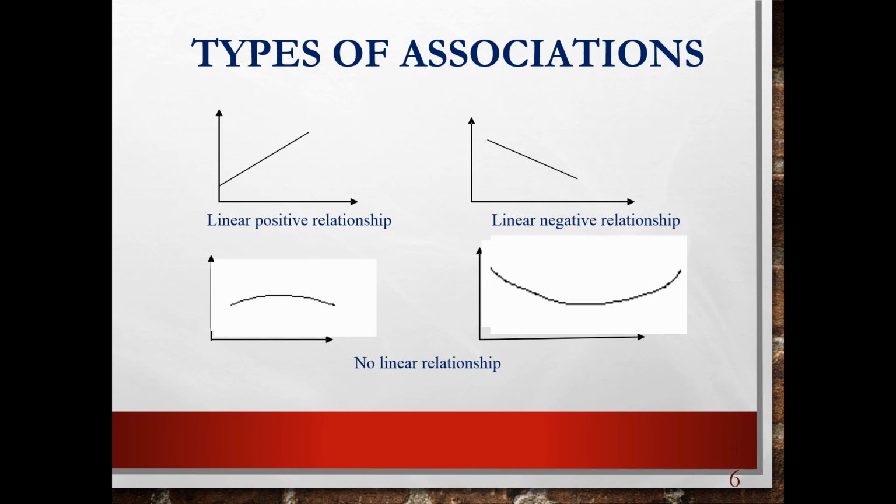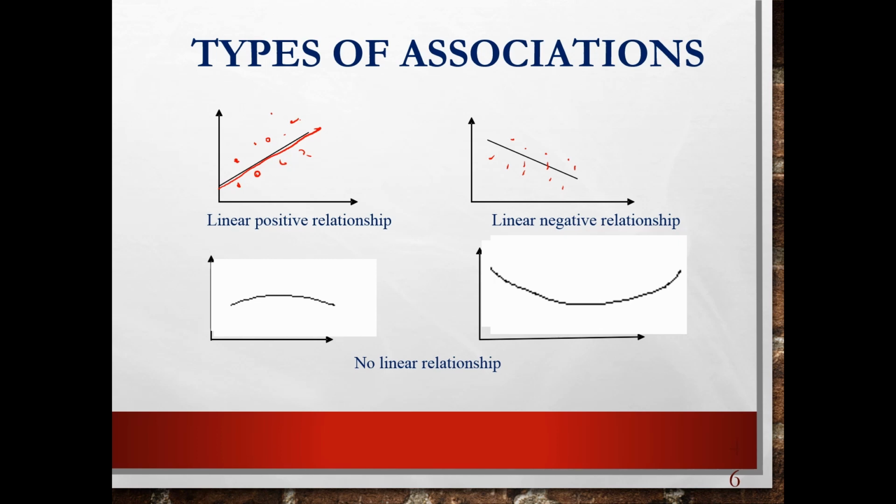For example, if the plotted points are like here, here, here, the points can be approximated as a line. So it's a positive line. When x is increasing, y is also increasing. Here also there's an association. When x is increasing, y is decreasing. Points are falling like this. Then you say there's a linear negative association.